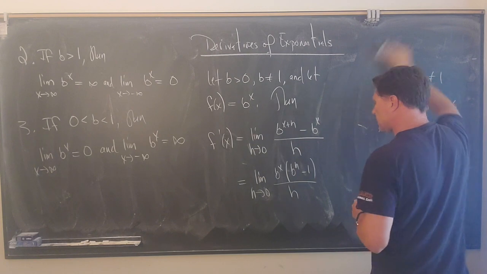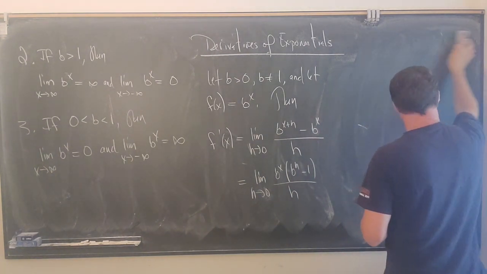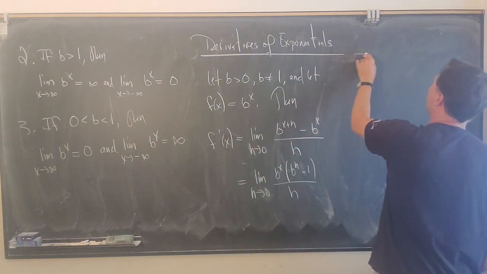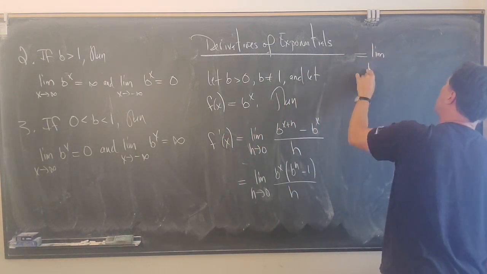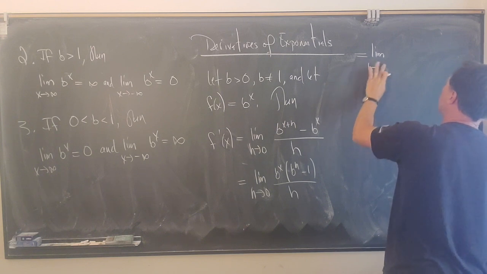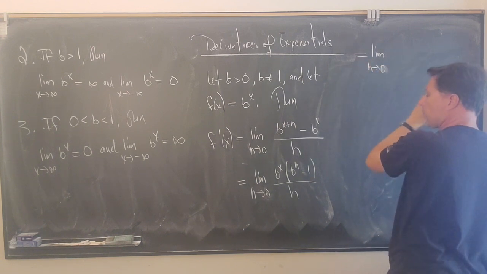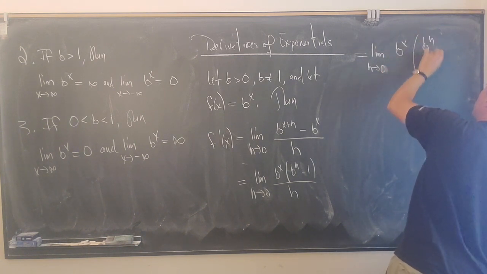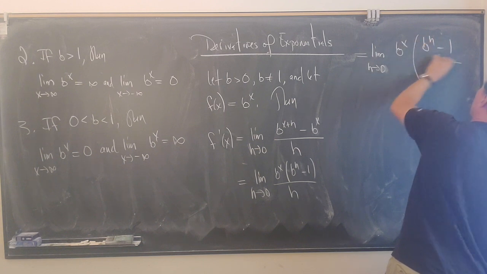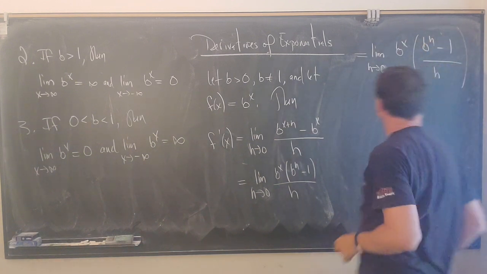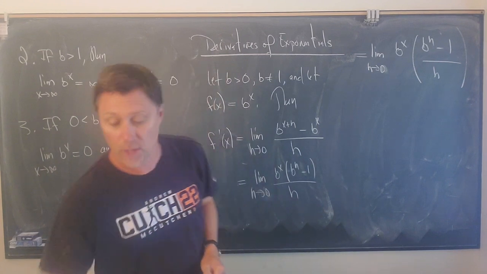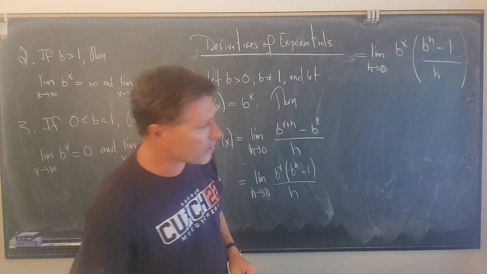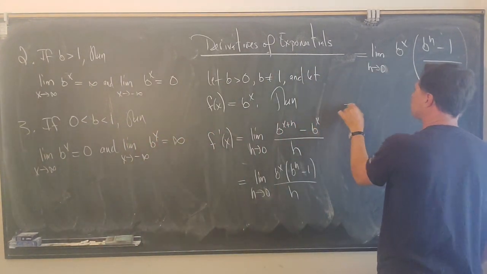And I'm going to continue with this equality here. So that's equal to the limit as h goes to 0 of b to the x times b to the h minus 1 all over h. And that fraction in parentheses should look familiar. Let me write it out one more step here.